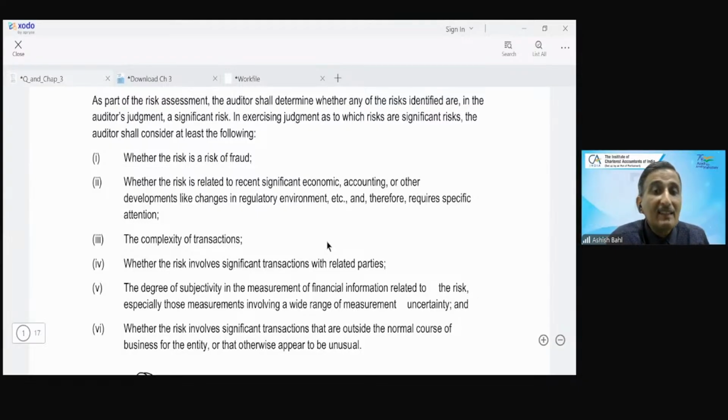When the risk involves significant transactions that are outside the normal course of business, then these become significant risks. So when determining whether a risk is significant or not, the auditor shall consider at least these. Apart from this also he can consider.